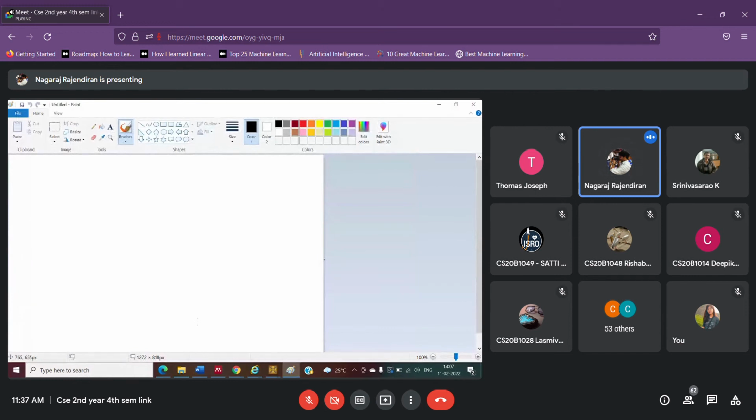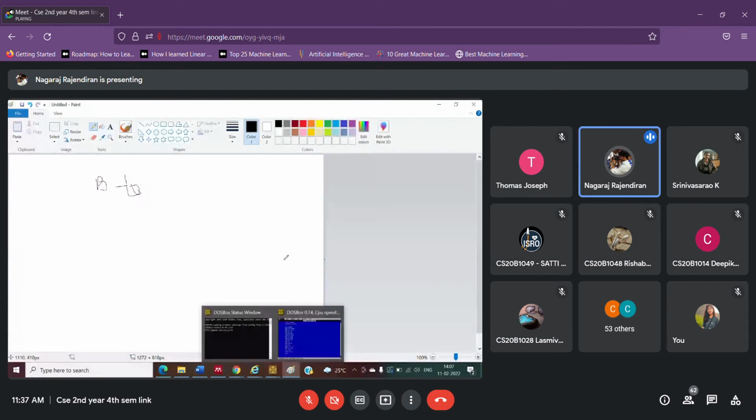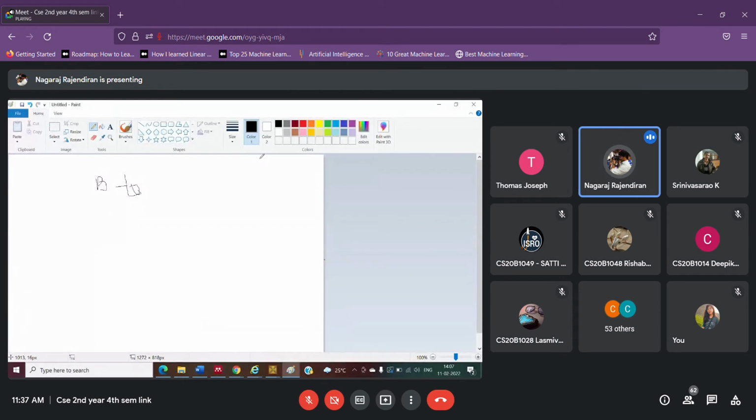Students, the second experiment is code conversion. In code conversion, we have 4 types of conversion. First one is binary to gray, second is gray to binary, third one is decimal to hexadecimal, and fourth one is hexadecimal to decimal.